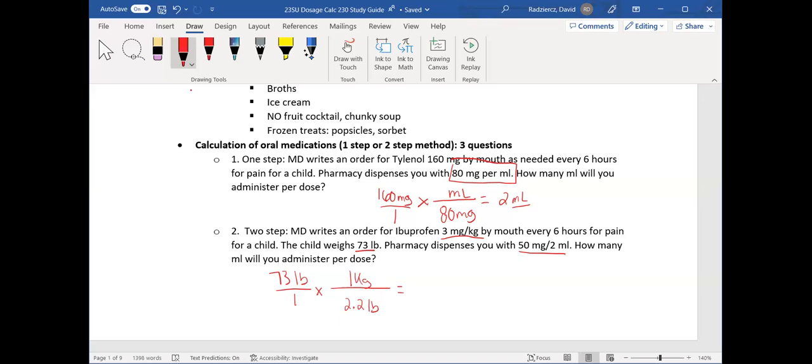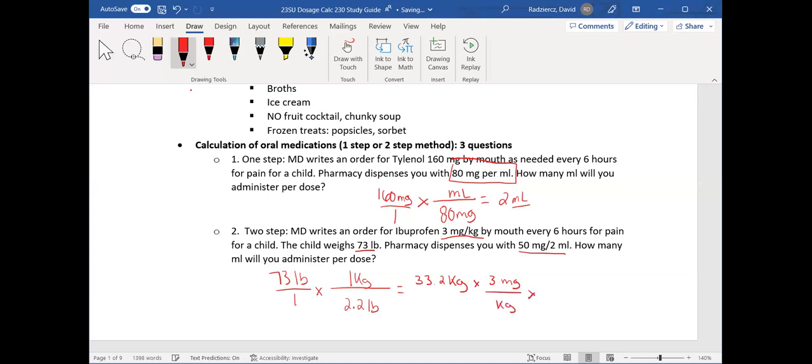And you're going to get 33.18181818. And I typically advise you to just go ahead and round to the tenth. I will show you an alternative way if that's what you've not been told to do. So 33.2 kilograms. And then I would just multiply by the 3 milligrams per kilogram.